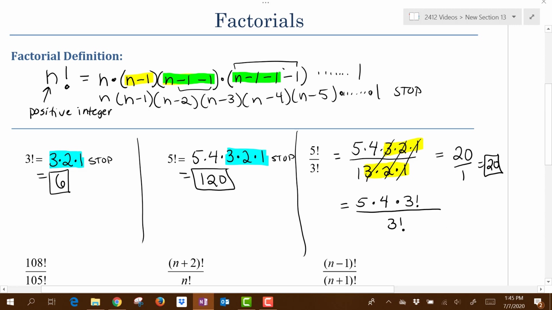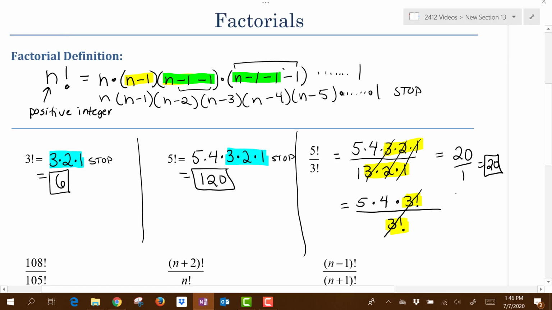So instead of stretching out 3 factorial, I just expand the top factorial till I get to 3 factorial, which matches the bottom. So we know that that would be 3, 2, 1, 3, 2, 1, so we just cancel out the common factors of 3 factorial. So it gives us a little bit of a shortcut because we know what's coming after 3 factorial, and we don't have to write all of that out. We know that everything here is going to match everything here.